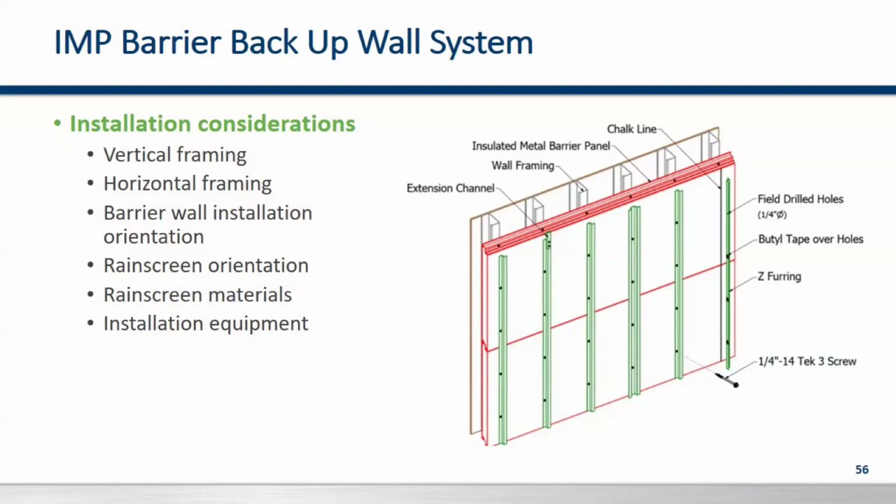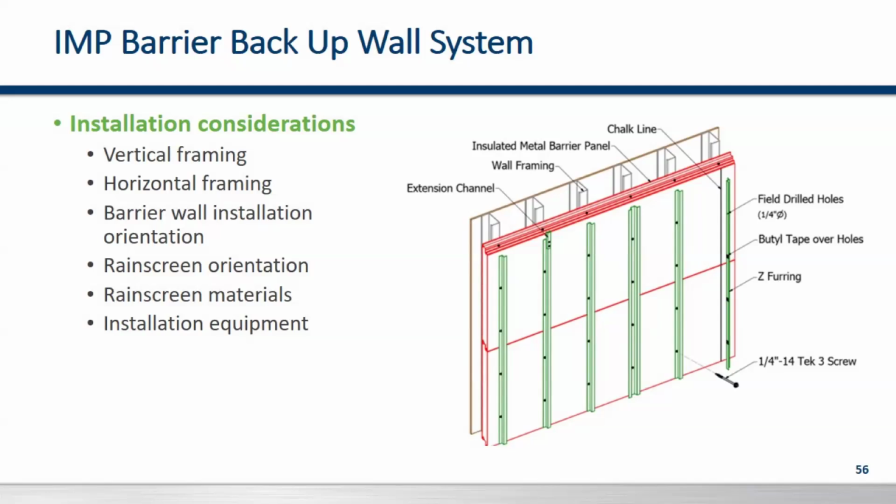But the goal is to reduce the amount of additional subframing that we need. So we can see here, primary framing is vertical, the IMPs are being installed horizontally, and then we would have the hat channels, and the hat channels would be installed in a direction in accordance with the framing, and then also the Rainscreen element that's going to be installed afterwards. So these are all areas of consideration.